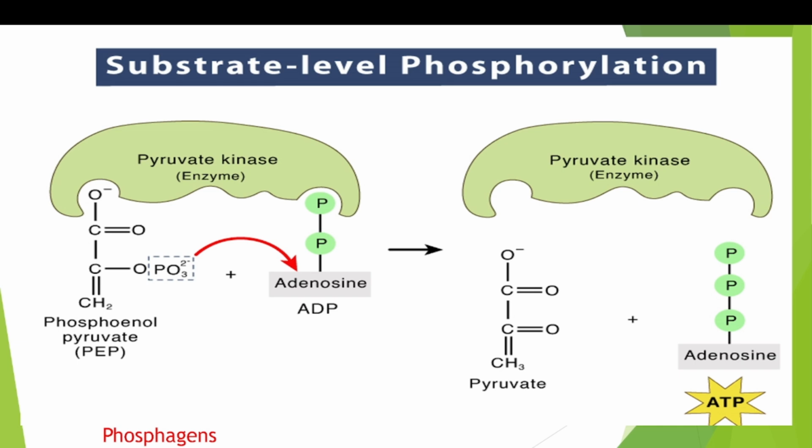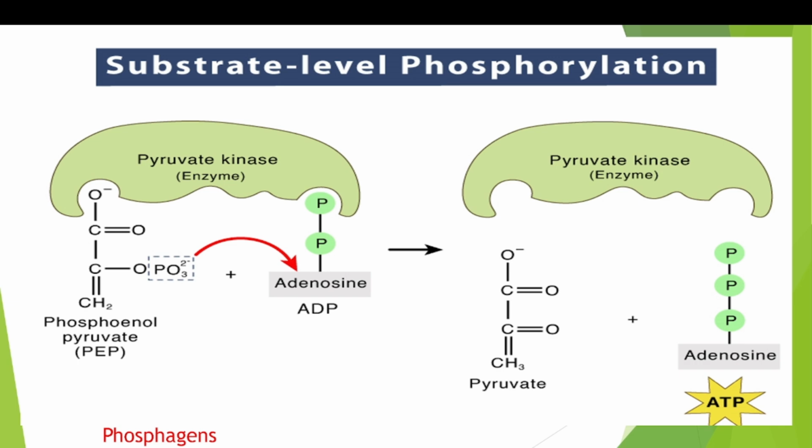So these are the three methods of ATP production in living organisms. One is oxidative phosphorylation, which takes place in mitochondria, and the second is photophosphorylation, which takes place in chloroplast. The third is substrate level phosphorylation. Wherever high energy molecules or phosphogens are present, they directly produce ATP by converting into another type of molecule.